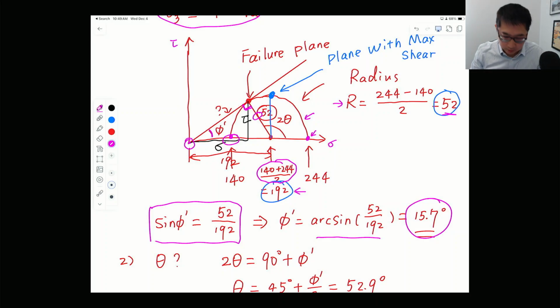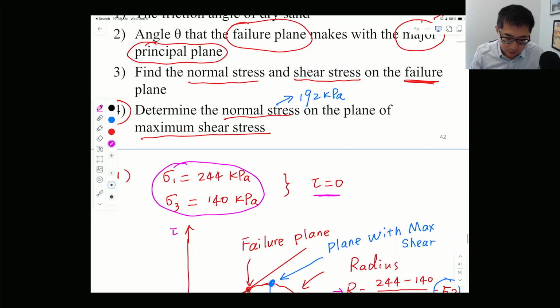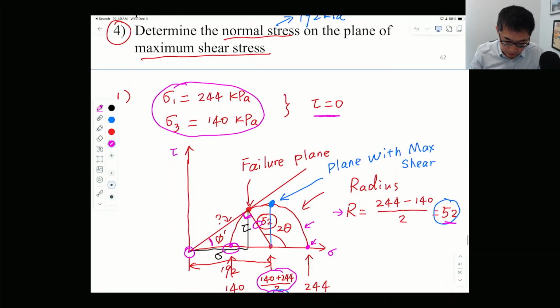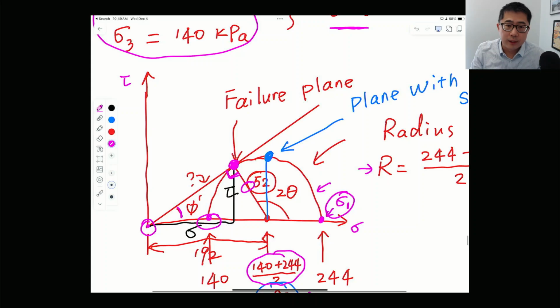Okay, so the next one is the angle between the failure plane and the major principal plane. On the Mohr circle, this is the major principal plane, and that point over here is going to be the failure plane. Use the double angle relationship.